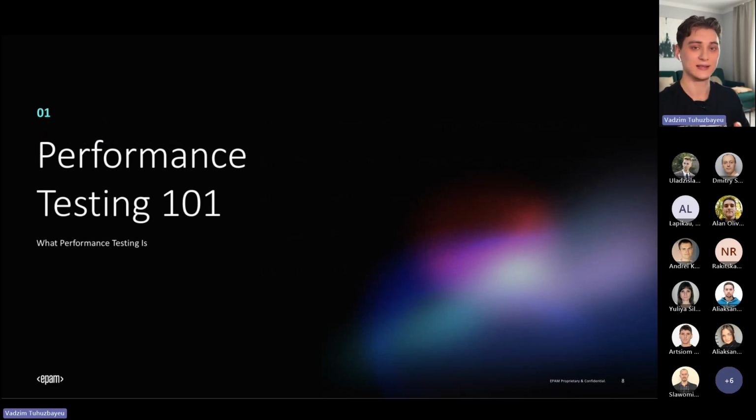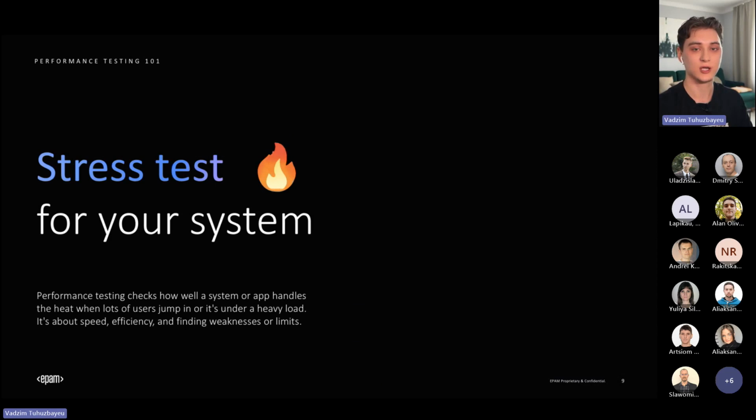And firstly, let's break it down. What is performance testing? Performance testing is all about checking how a system or app handles its job when things get real. I'm talking about when lots of users jump in at once or when it's under heavy load. For example, think about your favorite online shopping site during a big sale.